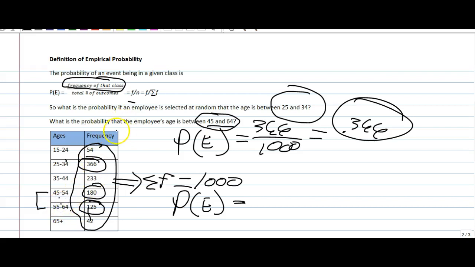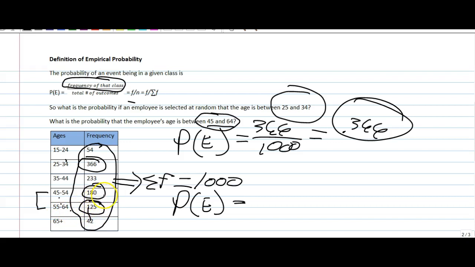So if I want to know the probability that the employee's age is between 45 and 64, then I will combine these two categories, which will give me the sum of the number of employees whose ages fall between 45 and 64. If I choose an employee and they fall in this category, then what I want to happen has happened.